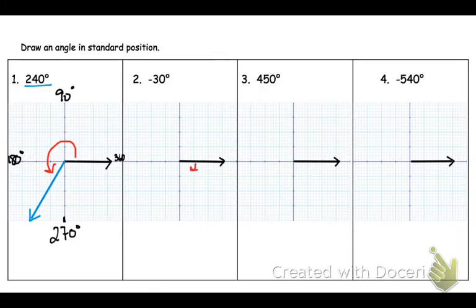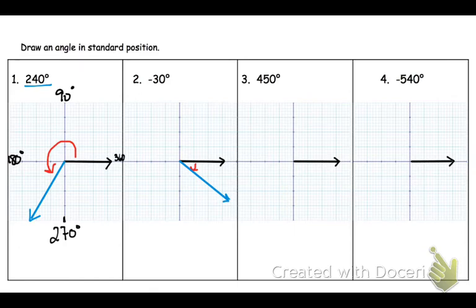And we're going 30 degrees, so it's just a little bit. Less than half. About a third. And I do want to indicate with that red arrow that I am going backwards.